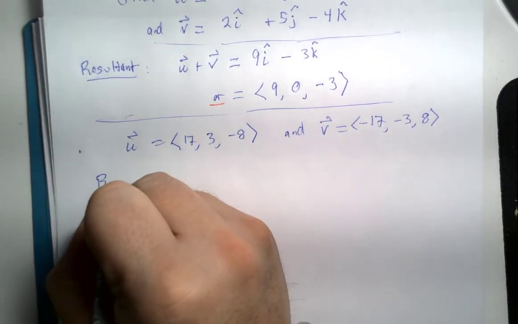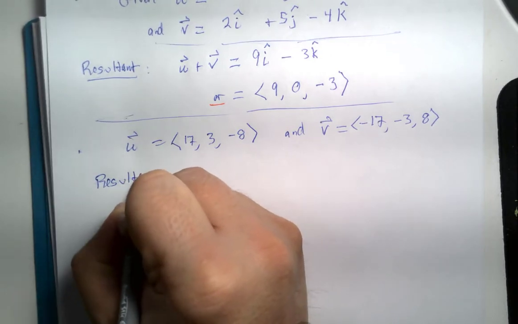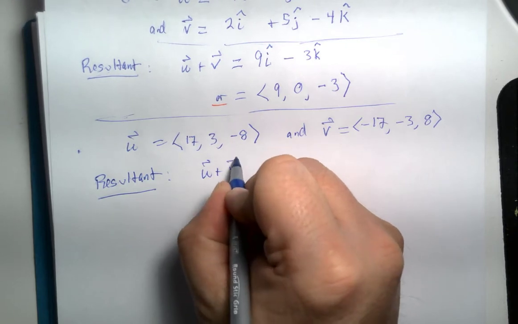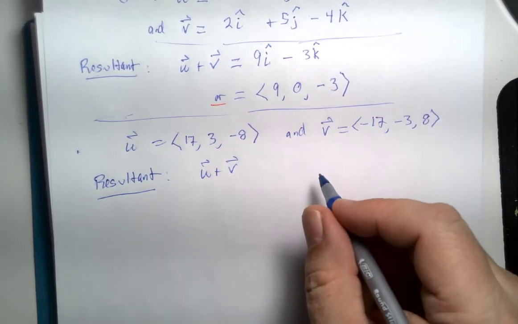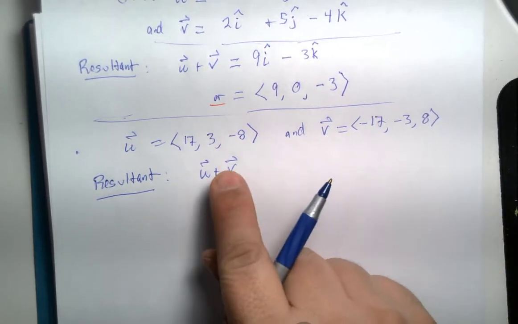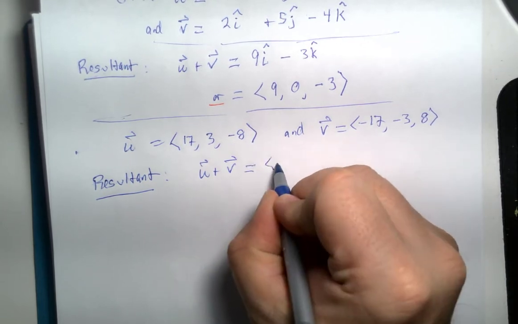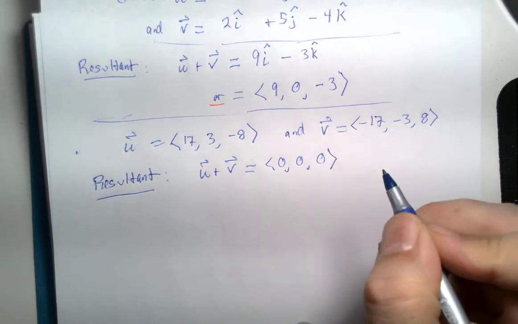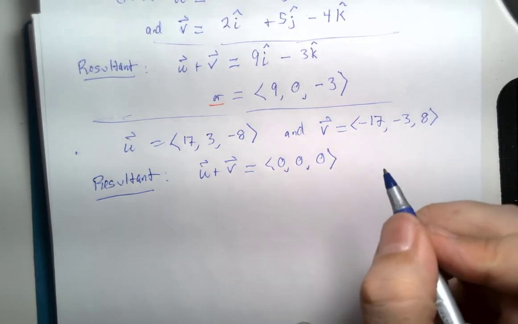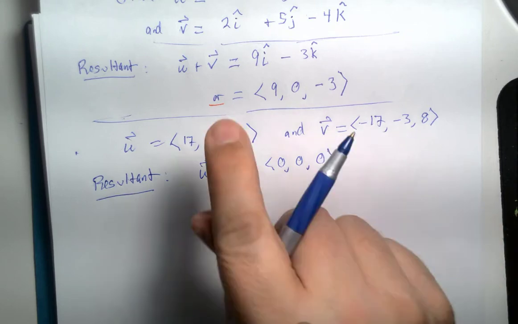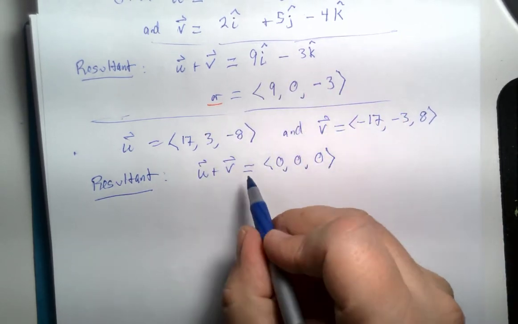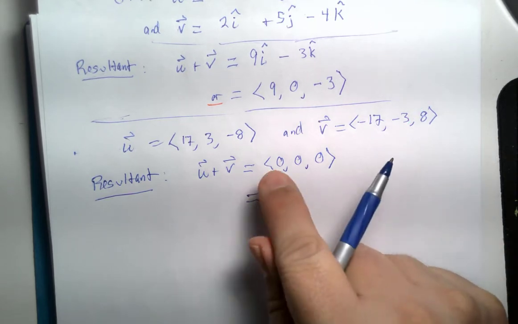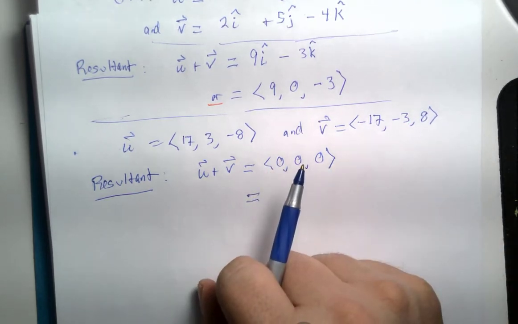If we were to find the resultant here, or u plus v, now here you have to decide what notation you're going to use. So in component form, you would see 0, 0, 0. What do you write if you want to use the IJK notation though? What is the notation for a vector with all 0 components?